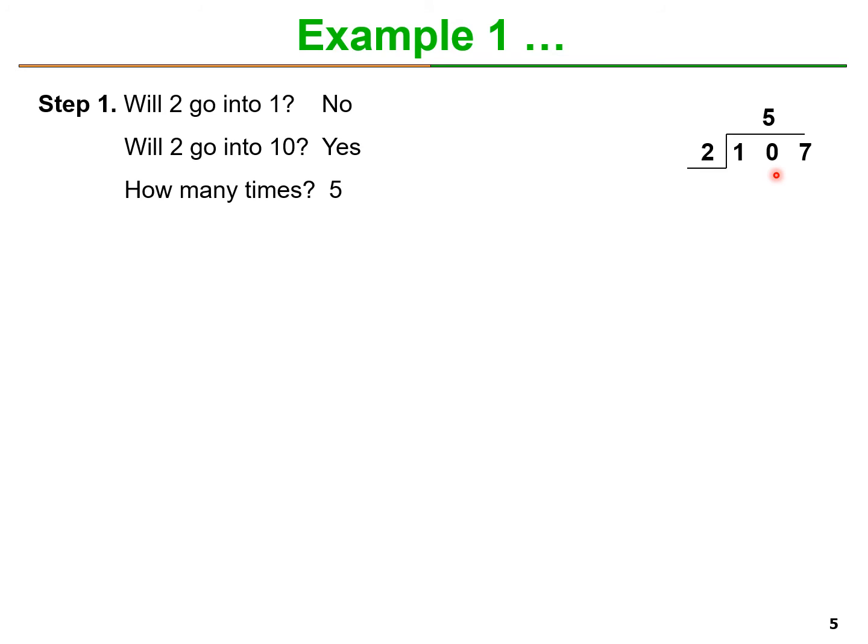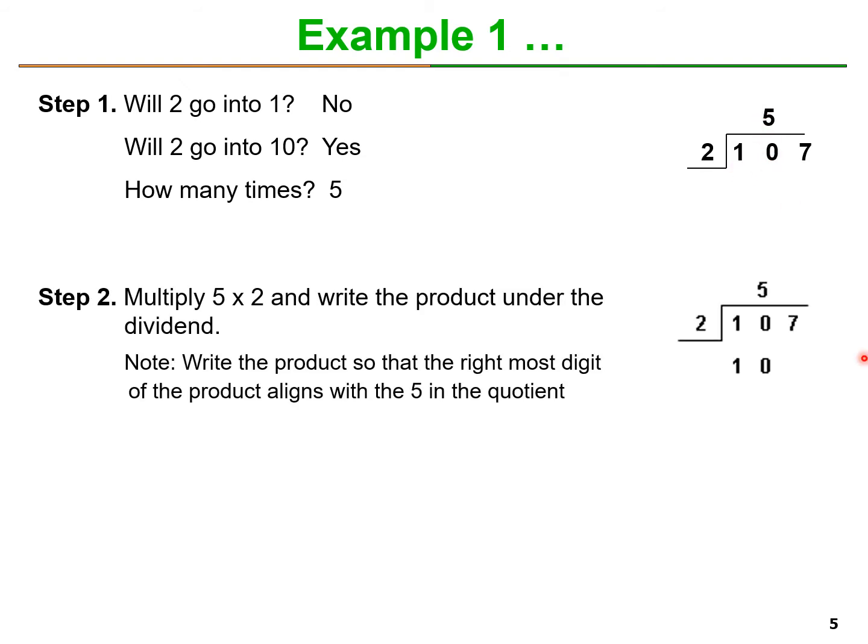So I ask myself, 2 times what is 10? Well, 2 times 5 is 10. So we put the 5 above the rightmost digit that we are considering in the dividend. We're considering the 1 and the 0 together, and the 0 is to the right of the 1, so we put the 5 above the 0. Multiply the 5 times the 2. And so 5 times 2 is 10, and we put the 10 up under the dividend.